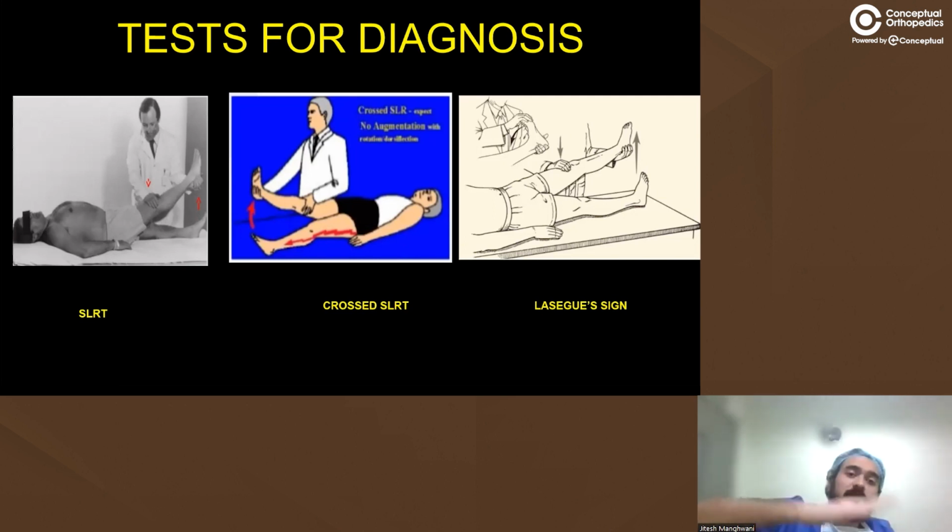After you decrease the angle, the patient will feel better. Now the final thing that you will do is dorsiflex the foot forcefully. Once you dorsiflex the foot forcefully, the patient will have an increase in pain, which is basically confirming the nerve root compression. So: straight leg raising test, crossed SLRT, and the Lasegue sign.